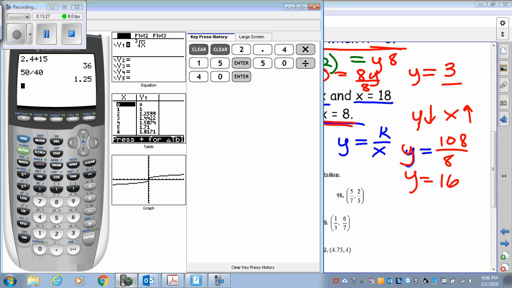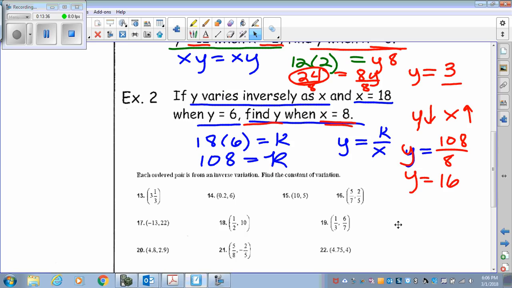Right, so we'll just do that on our calculator. 108 divided by 8. We get 13.5. Okay, and I could check myself. I know that these two have to multiply to be 108. So 8 times 13.5 needs to be 108.